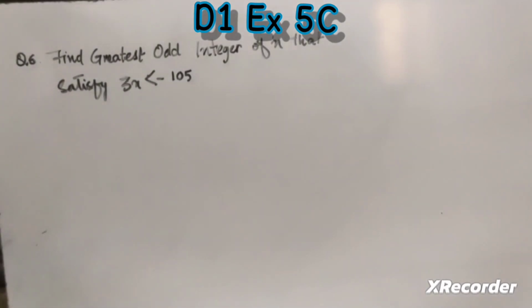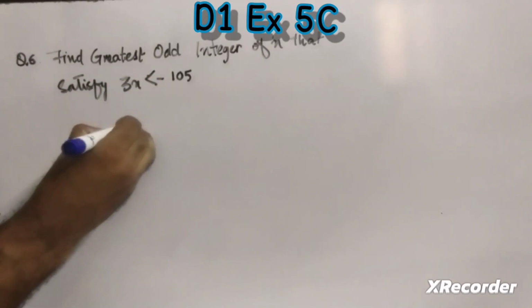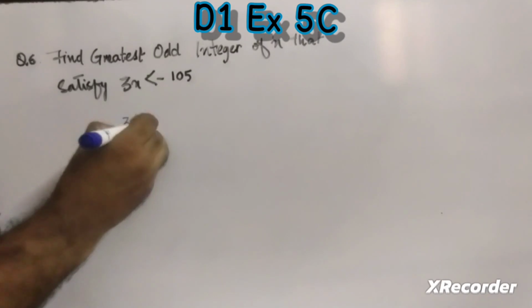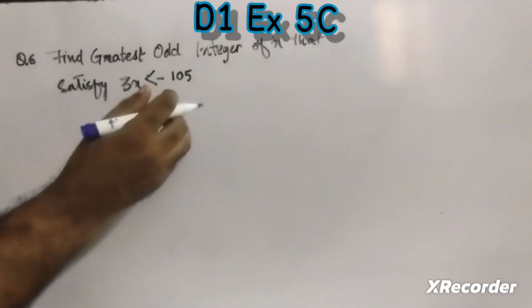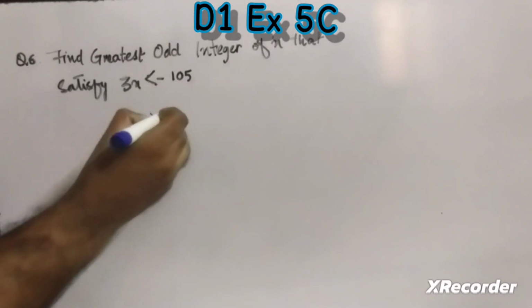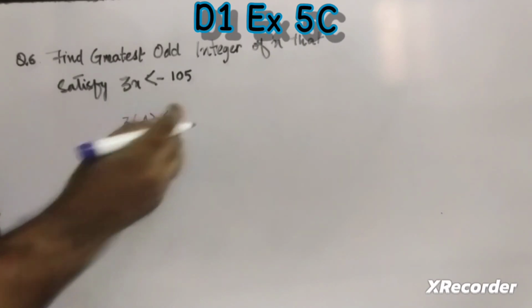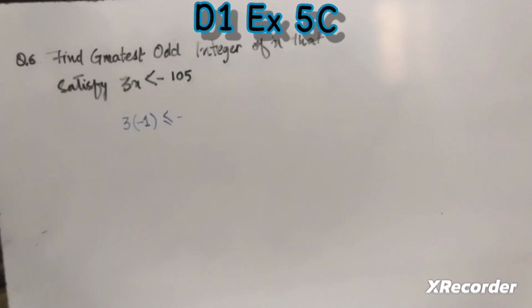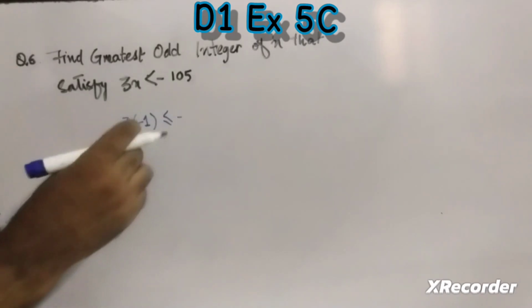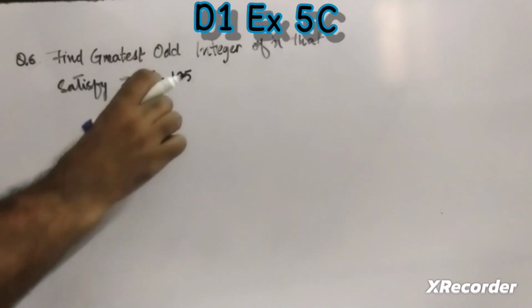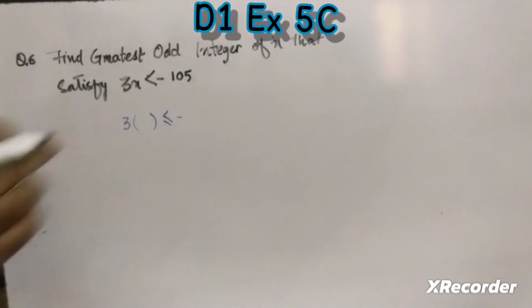Question number 6. Find the greatest odd integer x that satisfies the inequality 3x is lesser than minus 105. Since the reference is minus 105, let's say in 3x, we put x as minus 1, so that it will give us minus 3, and minus 3 is greater than minus 105, so we do not consider minus 1 or minus 2. 35 times 3 is 105.